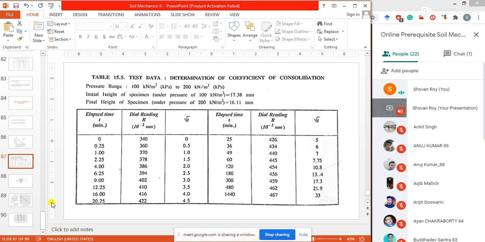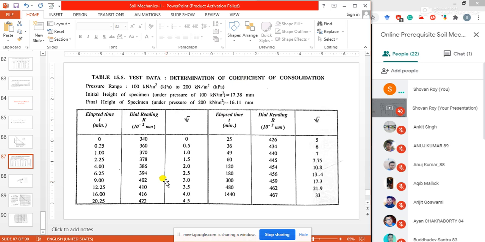The initial height of the specimen under a pressure of 100 kilonewton per meter square is 17.38 mm, and the final height of the specimen, that means your soil specimen, is 16.11 mm.